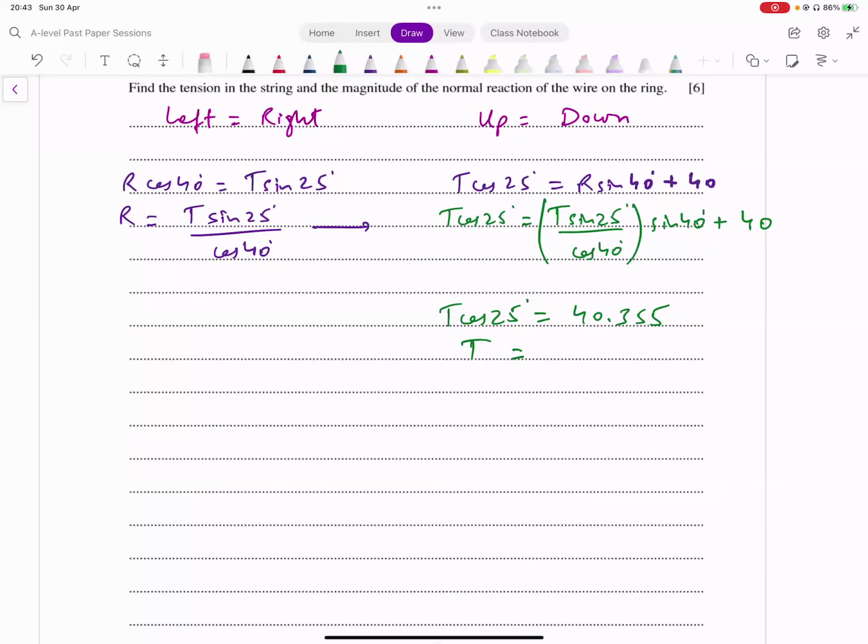Achha, I need to check my calculation again. Sin 25 कैलकुलेटर डिग्रीज मोड में है, डिवाइडेड बाय cos 40 into sin 40 plus 40 divided by cos of 25.